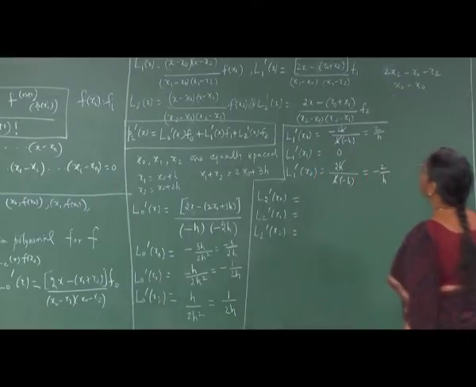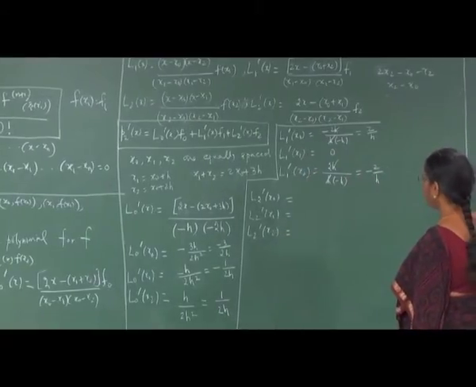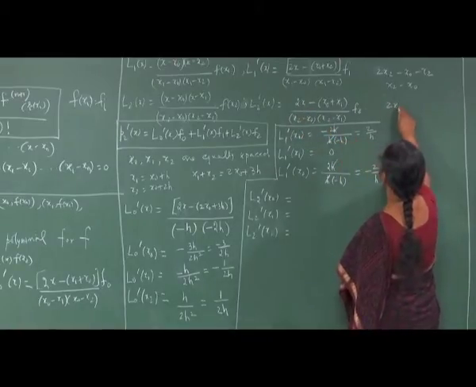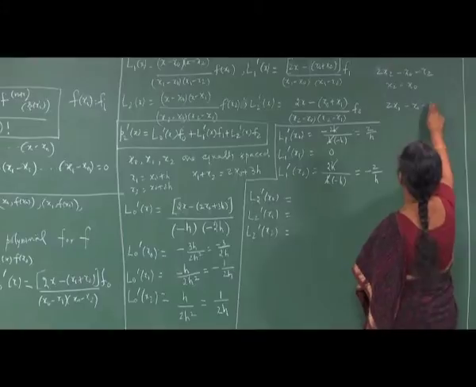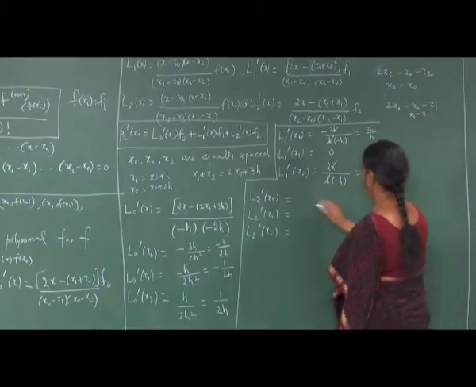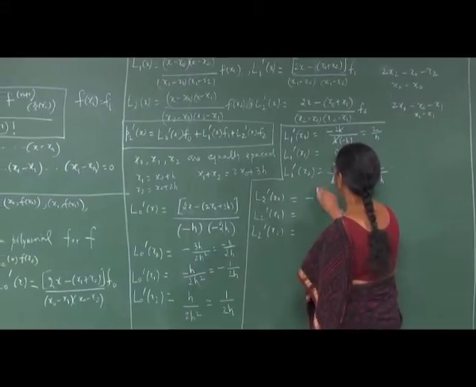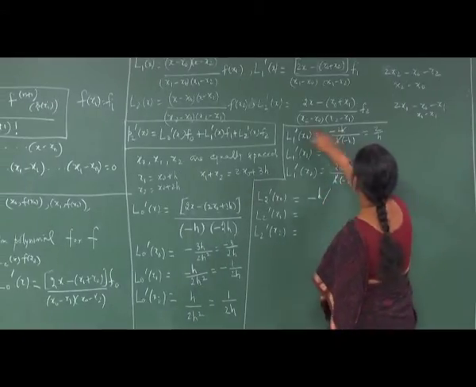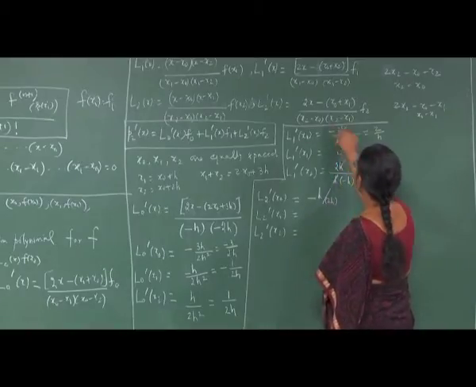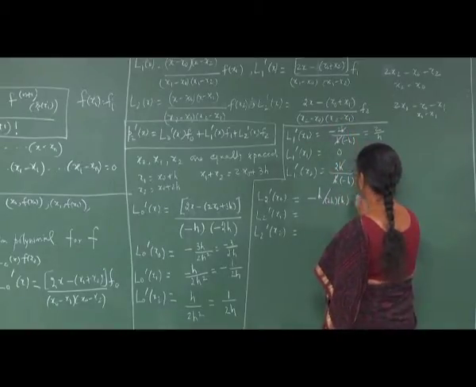So, let us see what we have. L2 dashed at x is given here. At x naught, 2x naught minus x naught minus x1 will give you x naught minus x1, so that is minus h. What is the denominator? x2 minus x naught, that is 2h, into x2 minus x1, that is h.